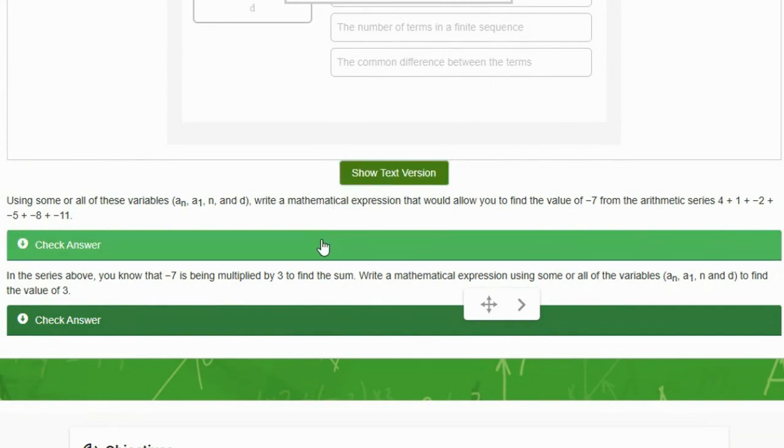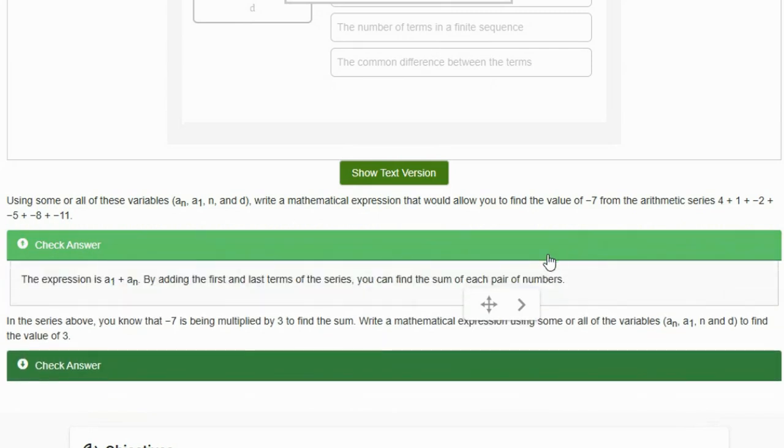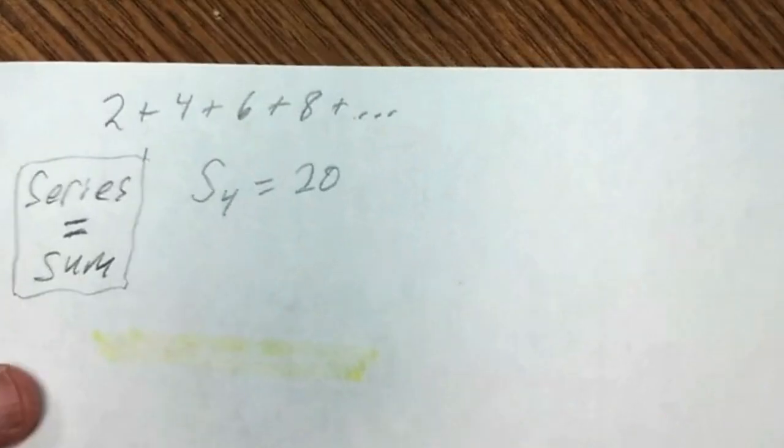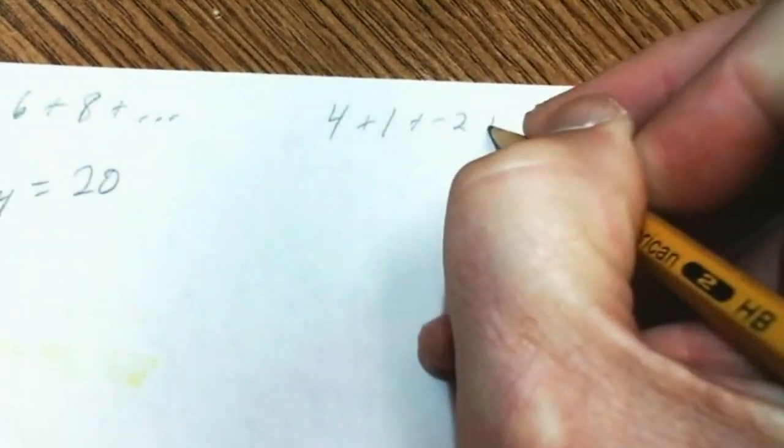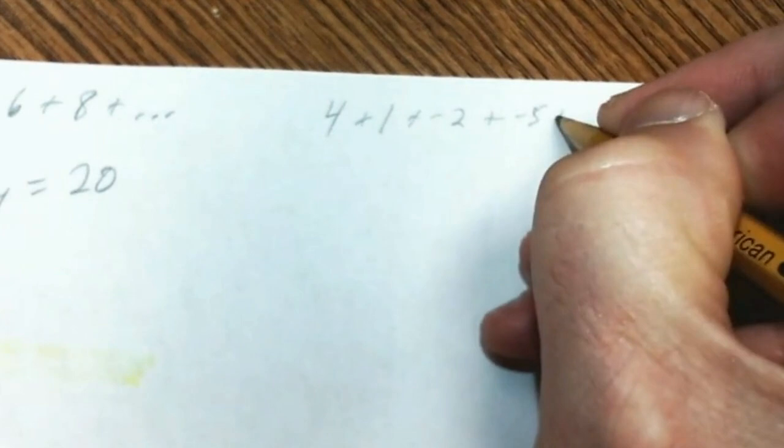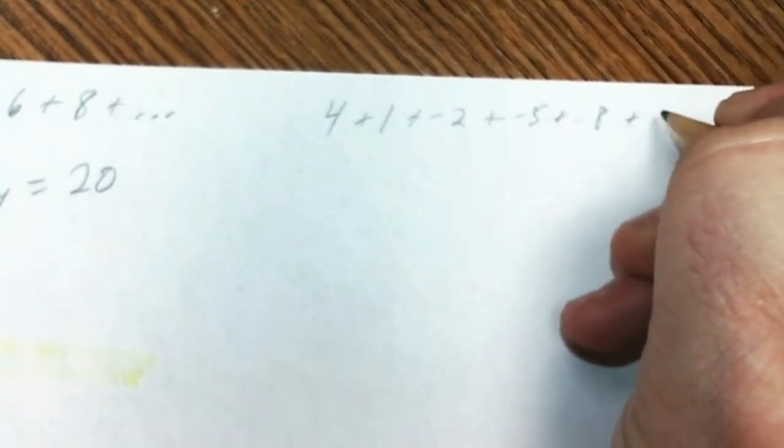So it says, using some or all these variables, a sub n, a sub 1, n, and d, write a mathematical expression that allows you to find the value of negative 7 from the series we just looked at in the video. Well, a sub 1 and a sub n. So let's play with that just a little bit on paper. So they went 4 plus 1 plus negative 2 plus negative 5 plus negative 8 plus negative 11.